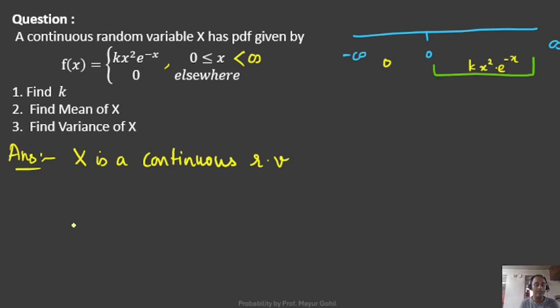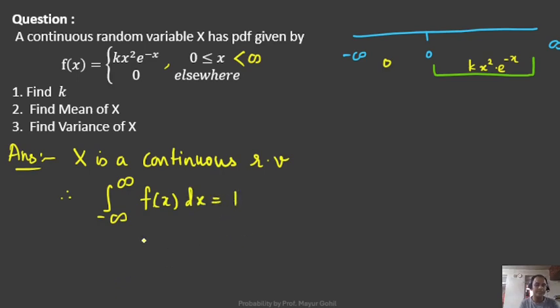Now, because x is a continuous variable, we will use the property that if you integrate the PDF from minus infinity to infinity, it gives you 1.